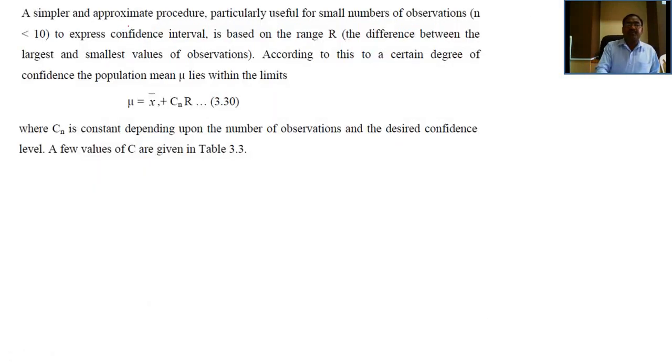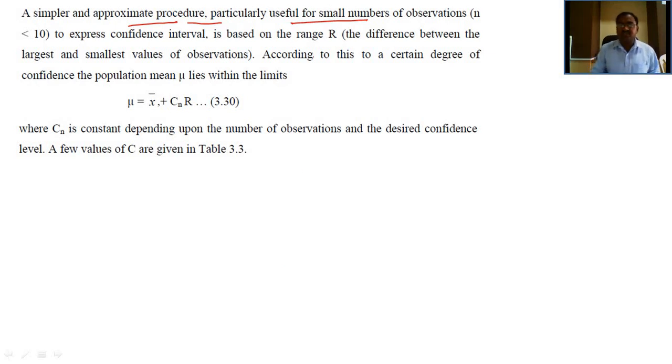A simpler and approximate procedure, particularly useful for small numbers of observations, to express the confidence interval is based on the range R. R means the difference between the largest and smallest values of observation.